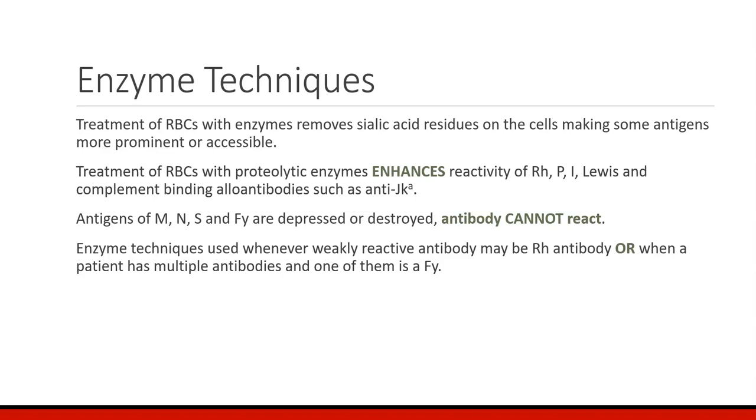But for the horses versus unicorns, think that those antigens are destroyed, and so the antibody cannot attach to them. Enzyme techniques are used whenever weakly reactive antibodies may be an Rh antibody, or when a patient has multiple antibodies and one of them is a Duffy.